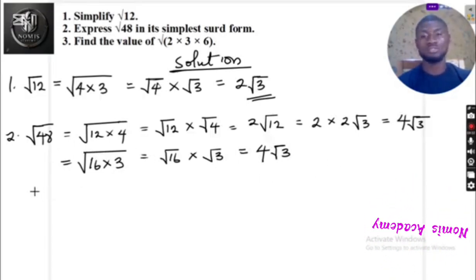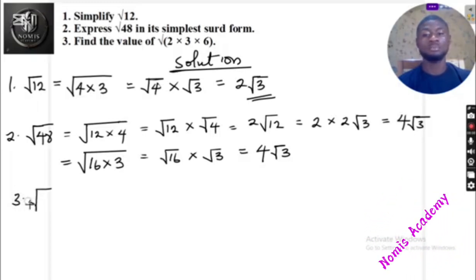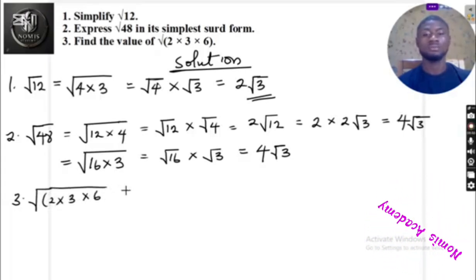So let's take the last one, number 3. These are just simple basic surds. Find the value of root 2 times 3 times 6. This is a simple thing to do. We can multiply all together, or if you like, we separate them.